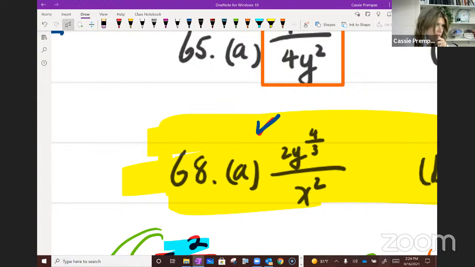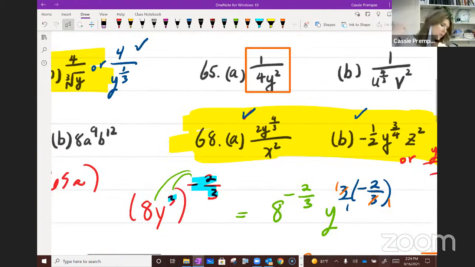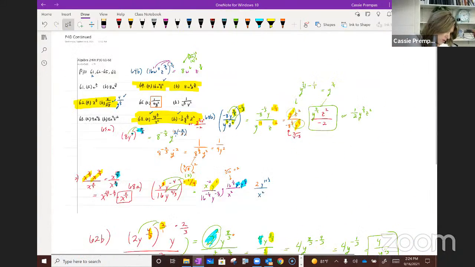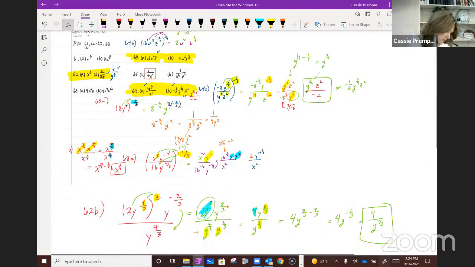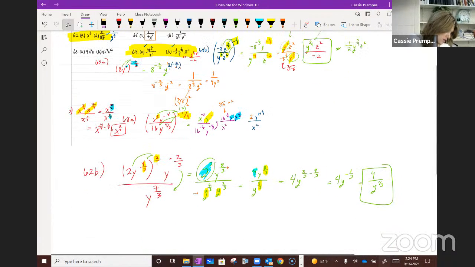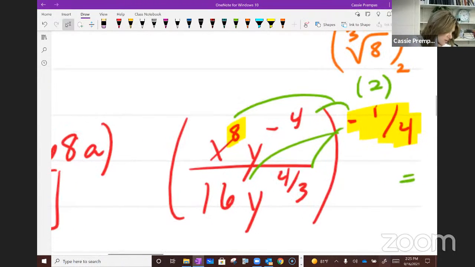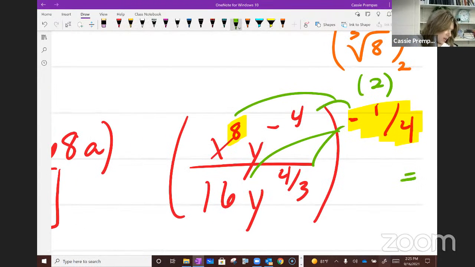And I think actually somebody asked about 68A, so I'll go ahead and show that one as well. There's 68B, there's 64B, there's 62B, there's 68A. Okay. So 68A originally looked like this. We have to bring in the -1/4 by multiplying, because when you raise an exponent to an exponent, you multiply.